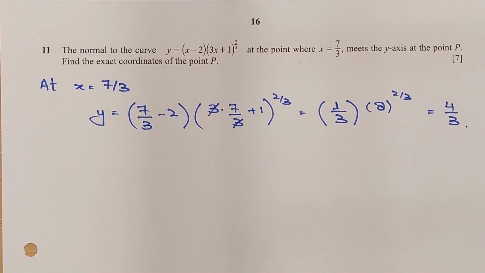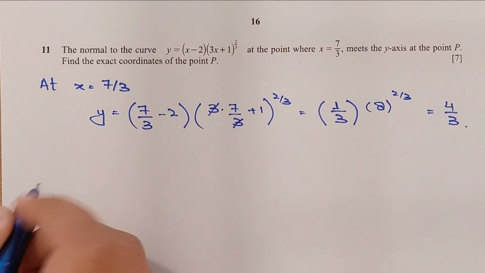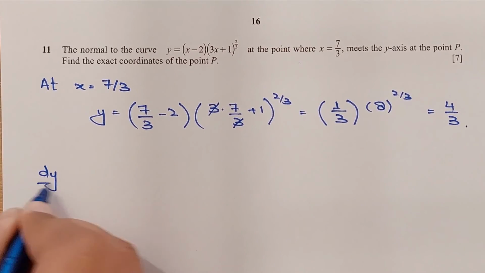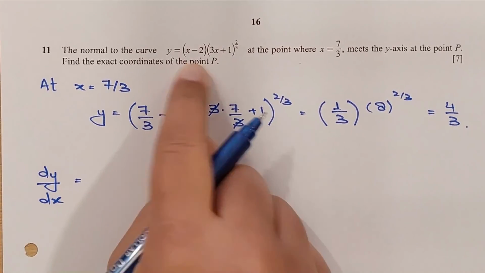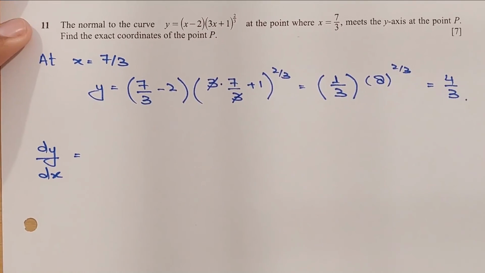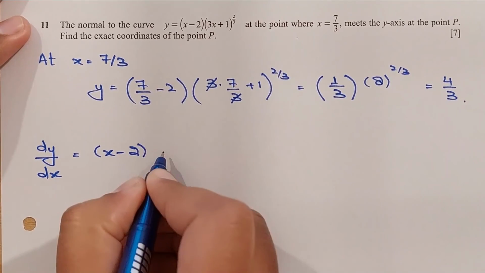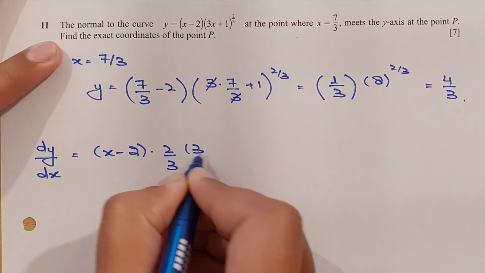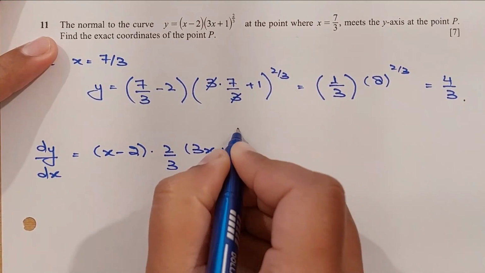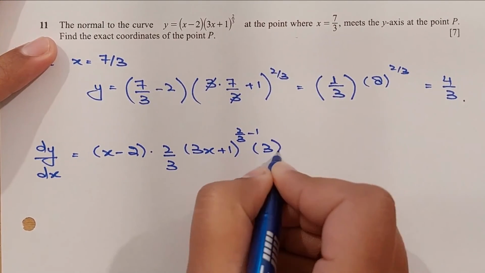Now for the equation of the normal we have to find the slope, the gradient of this curve, dy/dx when x equals 7/3. We apply the product rule of differentiation. The first function is x minus 2, times the derivative of the second function using the power rule: the power, the base function to the power 2/3 minus 1, times the derivative of the base function, which is just 3.